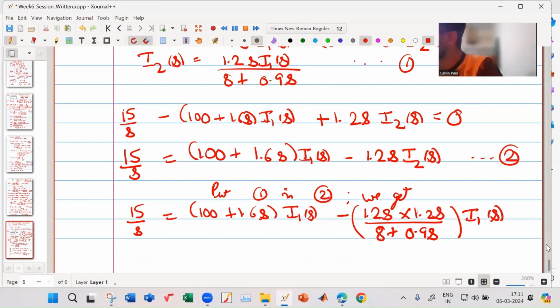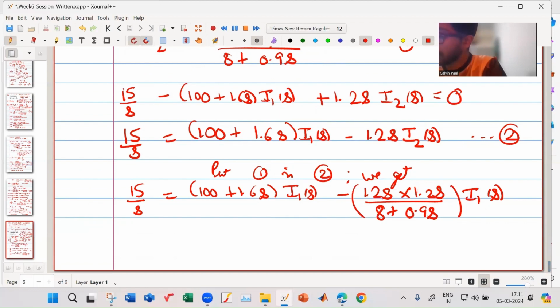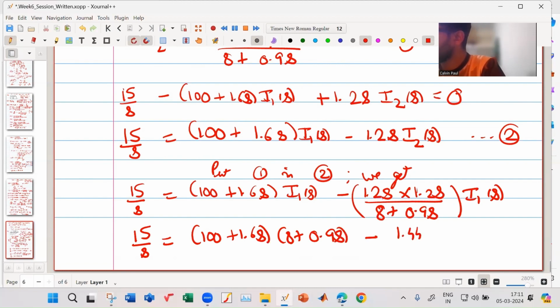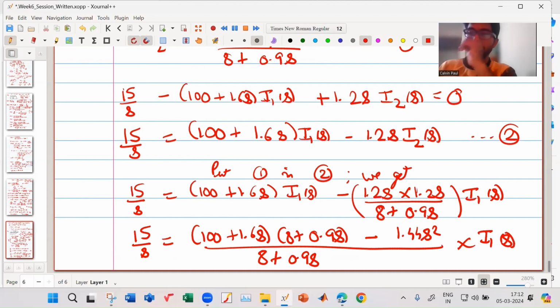Okay. So we write it further as 15 upon s is equal to 100 plus 1.6 s into 8 plus 0.9 s minus 1.44 s square upon 8 plus 0.9 s into I1 of s. Is this clear?